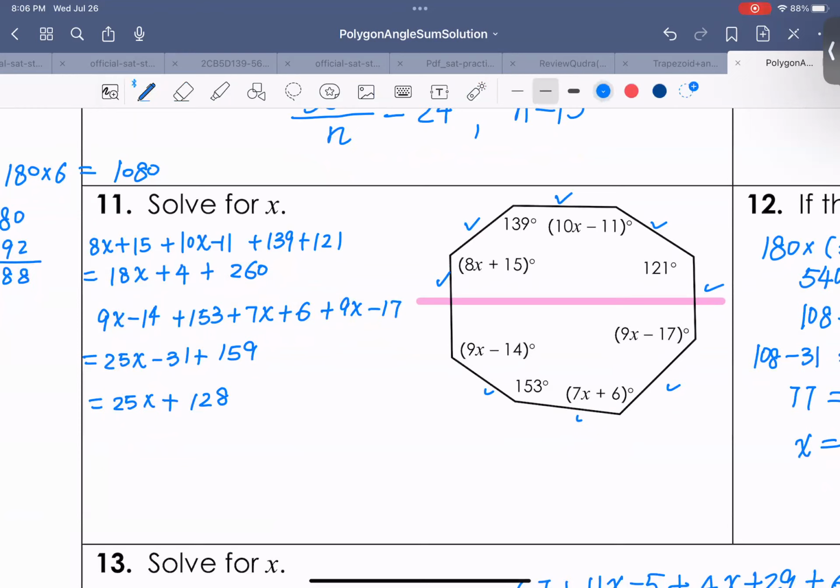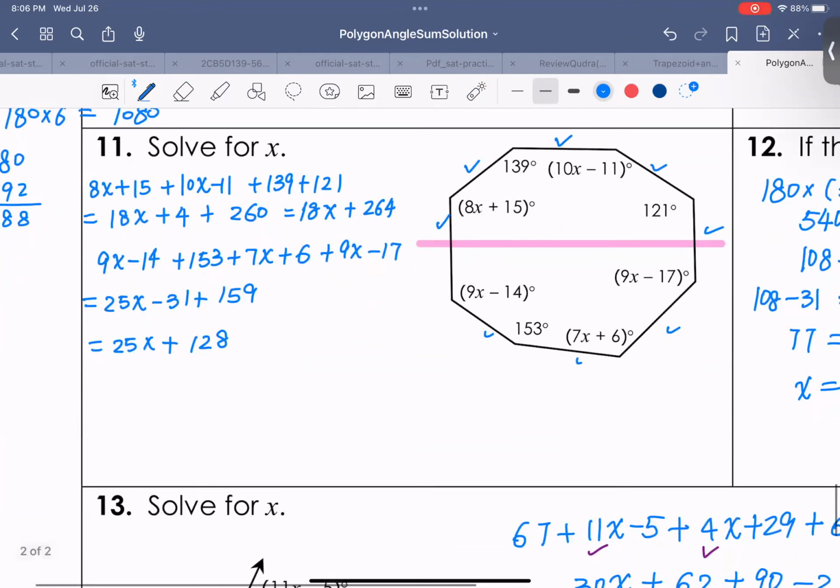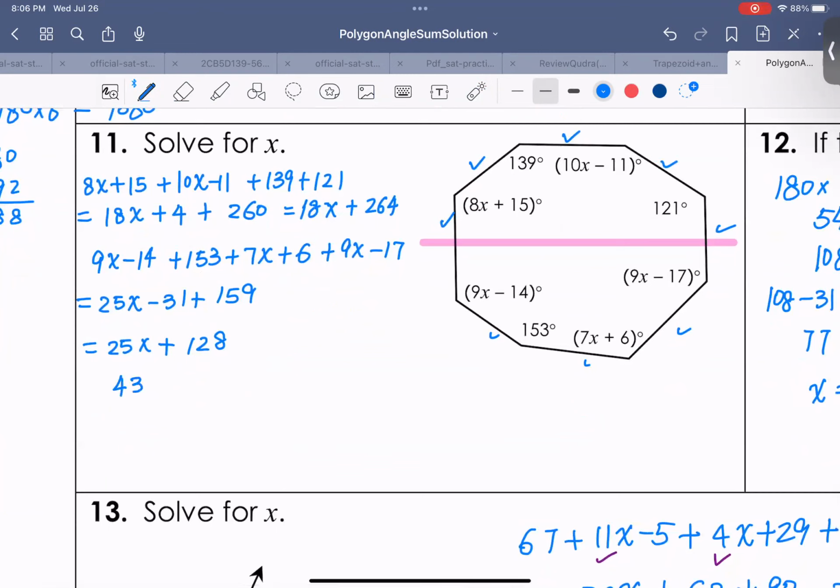Okay, let's write down one more step. So this together will be 43x plus 392.